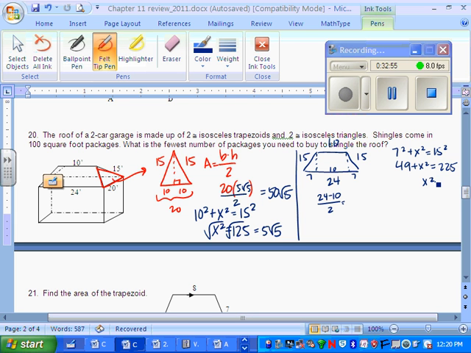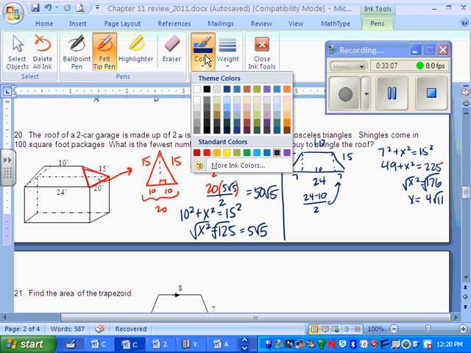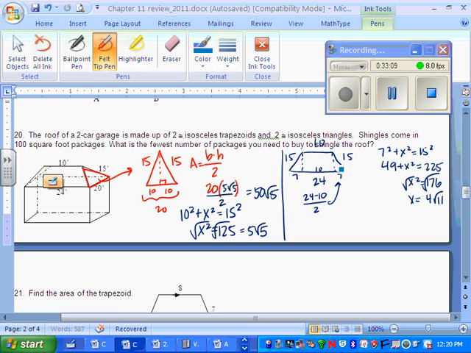Subtract the 49, I get x squared to be 176. I could take out a 16, so it'd be 4 root 11. Okay, so that's going to be my height in this trapezoid. That's the height right here.